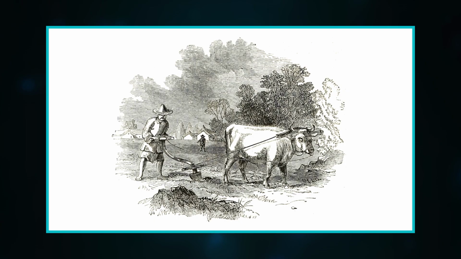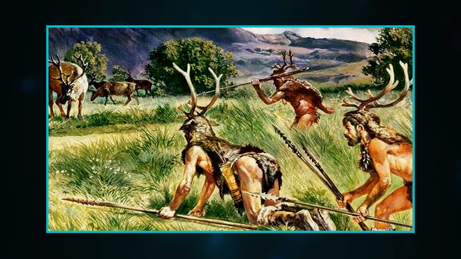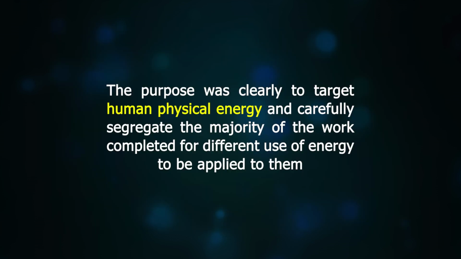Humans' physical prowess served as the main source of energy throughout all those long years when agriculture had not yet emerged and hunting and gathering activities were the main means of subsistence. The purpose was clearly to target human physical energy and carefully segregate the majority of the work completed for different uses of energy to be applied to them.